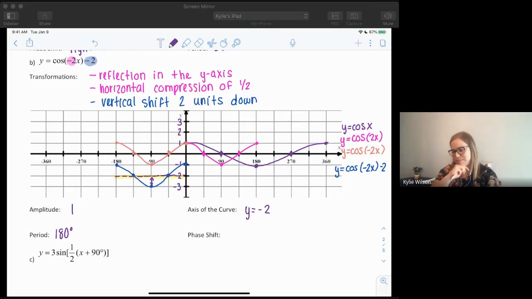Good question. Okay, so now is our phase shift. So although I don't have a phase shift in my question here, if I look here, I do have a little bit of a phase shift just with that one little chunk because it has moved it over here. So if I were going to continue this forever, I wouldn't really notice my phase shift, but because I'm only looking at this one little chunk, I do have a phase shift, right?